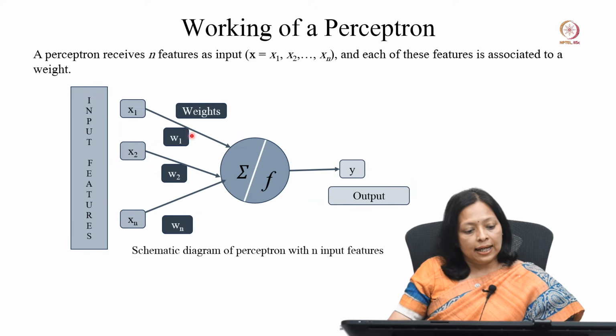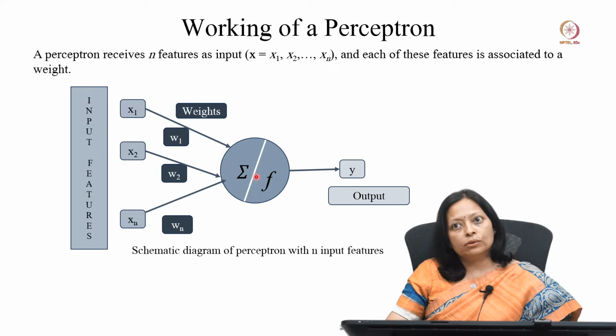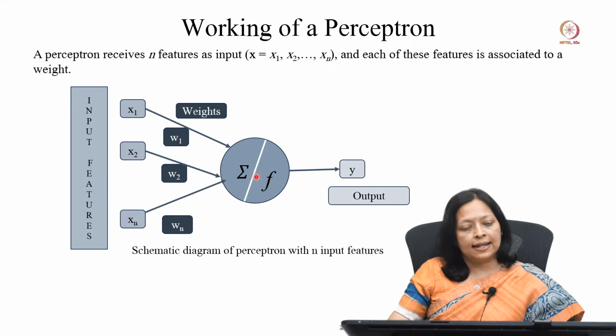And once they come and get connected here in this neuron, there are two activities that are done there. One is the summation, which is basically the multiplication of the weight with the input.